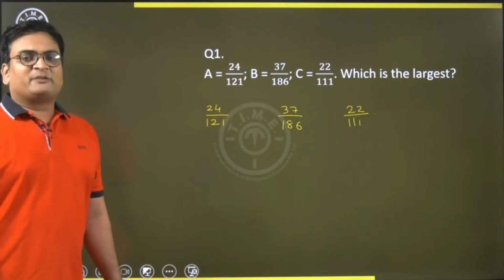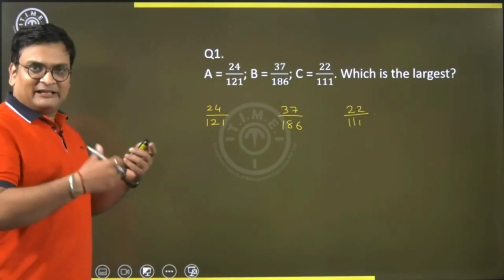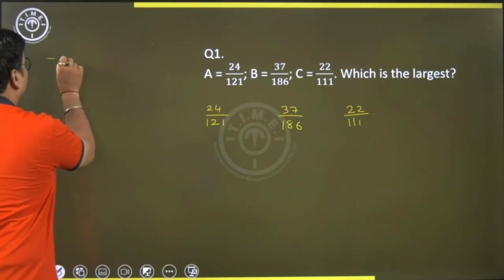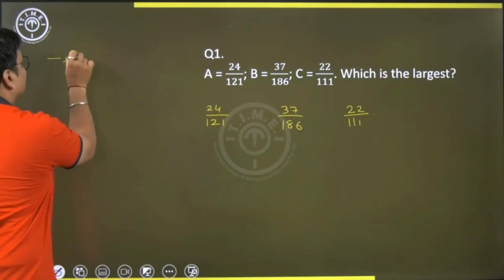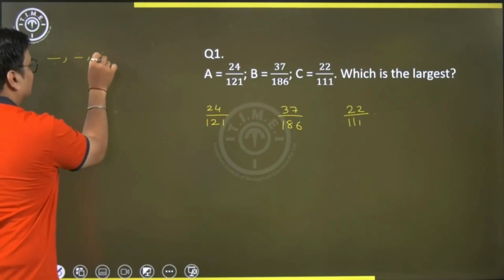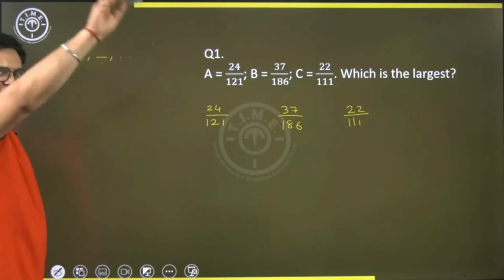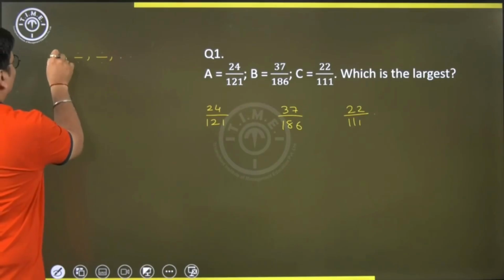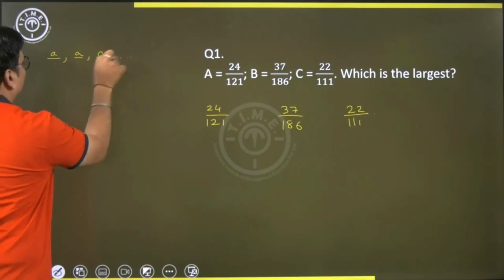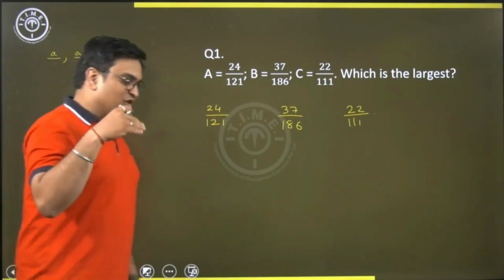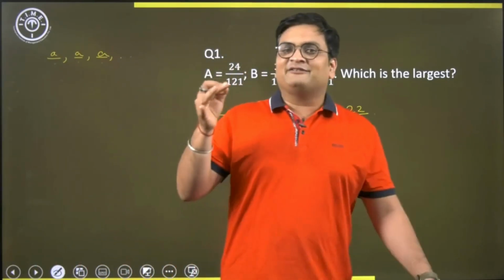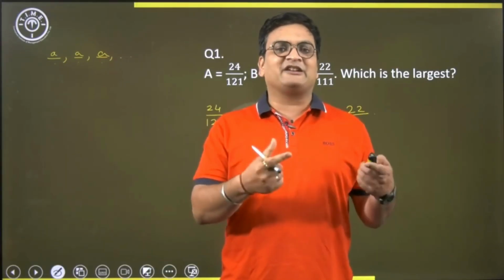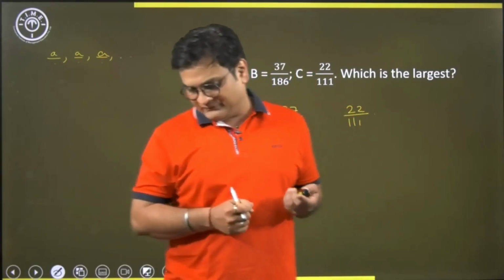One small observation that we can make while comparing fractions is, if you have several fractions given, A by B, C by D, E by F, and so on, and you notice that the numerators are all the same, then can we say wherever the denominator is the smallest, that particular fraction should be the highest in value?